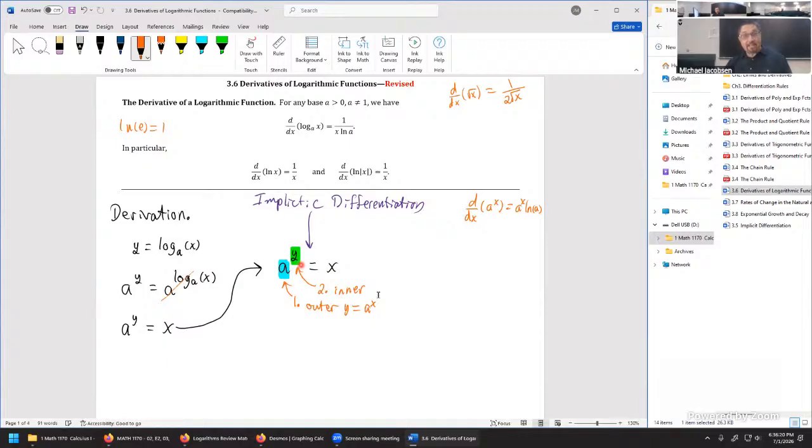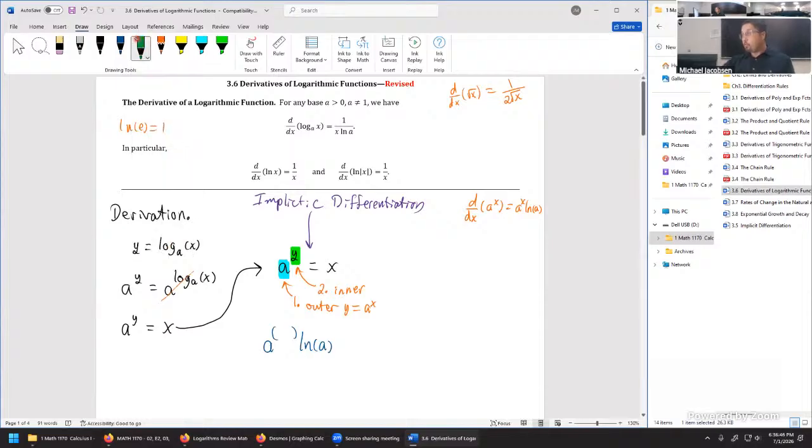We differentiate something like that in the prior section's notes, 3.4 on the chain rule. The derivative of this is going to look like this format. Differentiate the outer function. You get a to the power of something multiplied by the natural log of a. And that's just this formula right here that we're using.